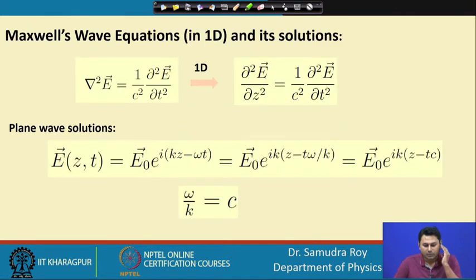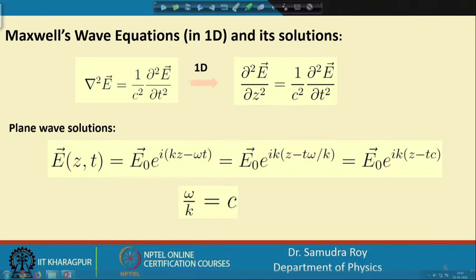Okay. So, now we would like to have the solution in our case, which is Maxwell's equations. We have already derived Maxwell's equation in free space, which is already shown here.